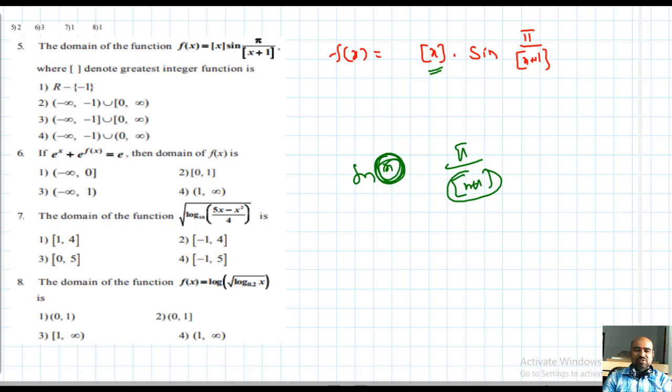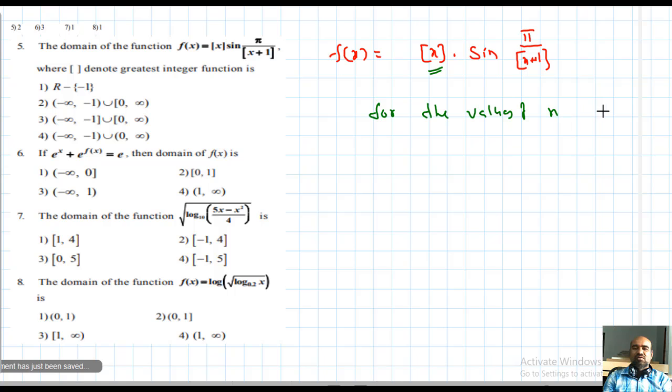Some values of x, this may be 0, no? For those values of x, this is not defined, meaning the sin function is not defined. We just want to identify for what values of x, pi by step x plus 1 with step x plus 1 equal to 0, f of x is not defined.